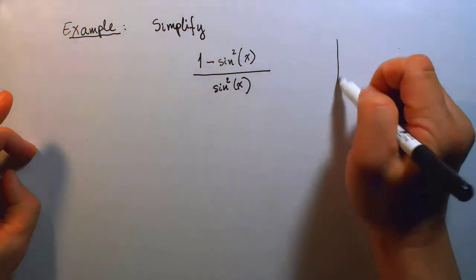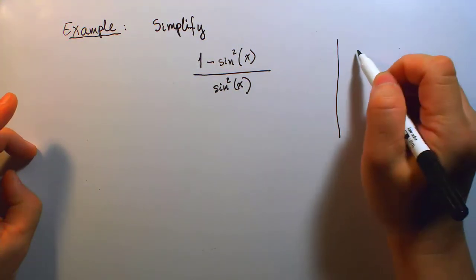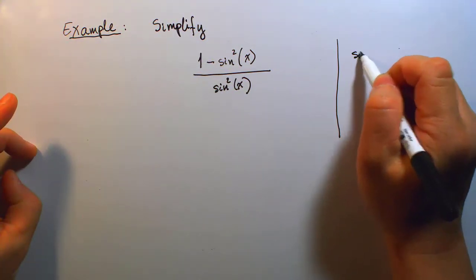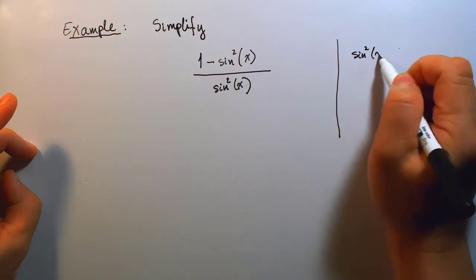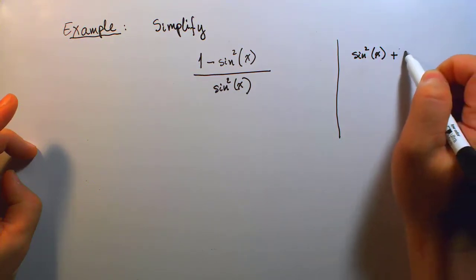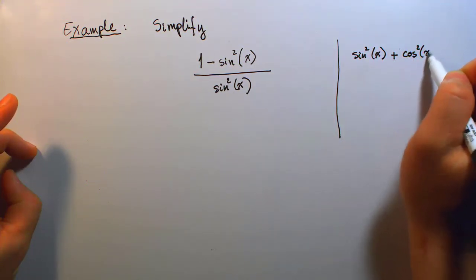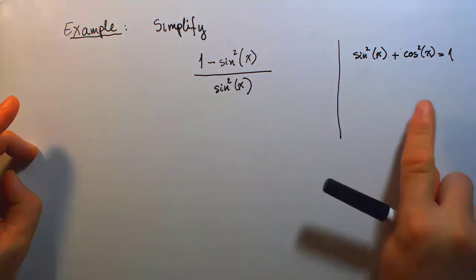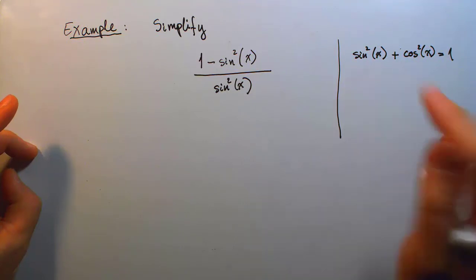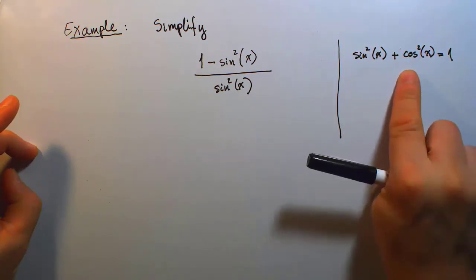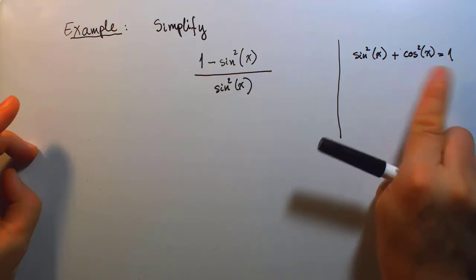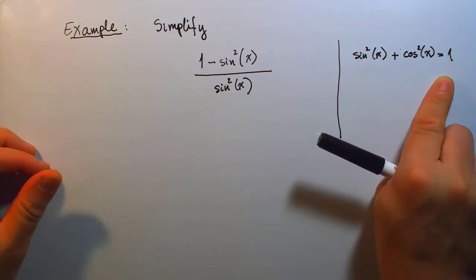So first of all, remind yourself about the Pythagorean identity, that sine square of x plus cosine square of x equals 1. Right from this identity, you always have your choice. Number one, you can subtract cosine square from both sides of this identity, because in the end, an identity is an equation.